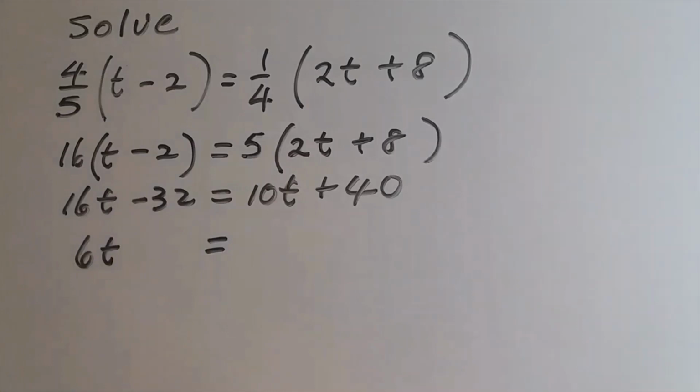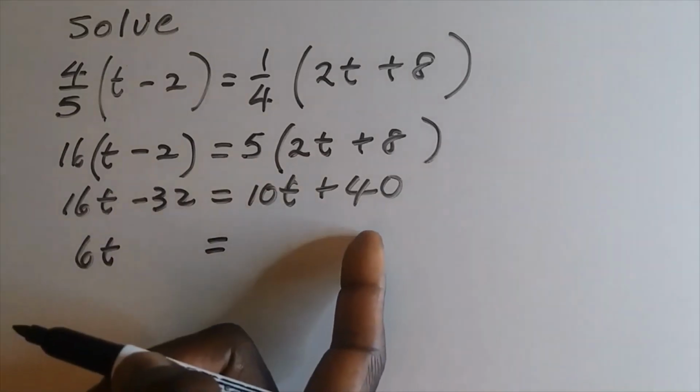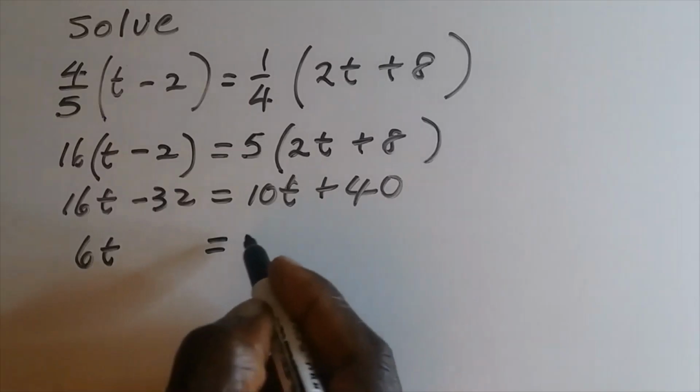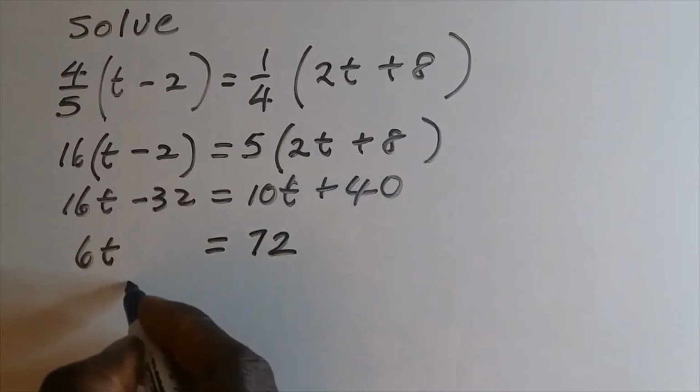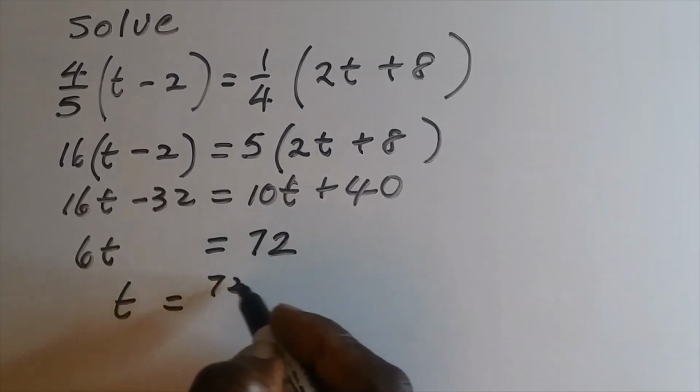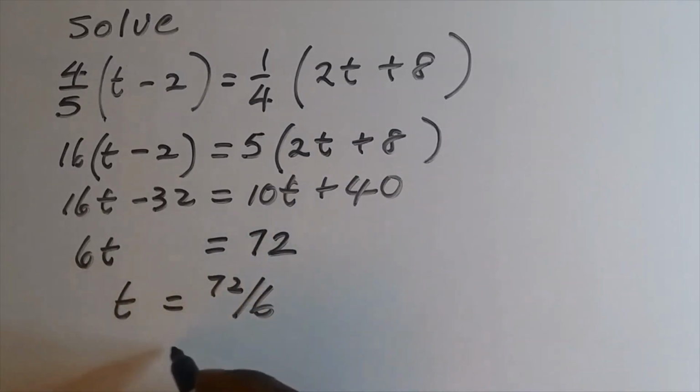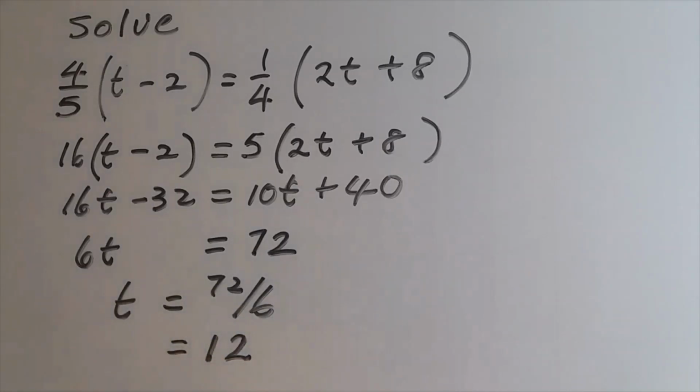Now the negative 32 on this side becomes positive 32 to give us, added to 40 to give us 72. And so t now is equal to 72 divided by 6. Our answer is 12. And so we've solved our equation by finding t, which is 12. You can verify that by substituting for t in the original equation.